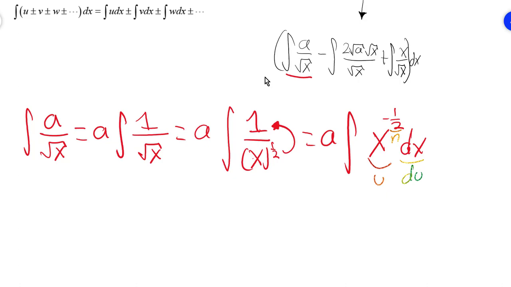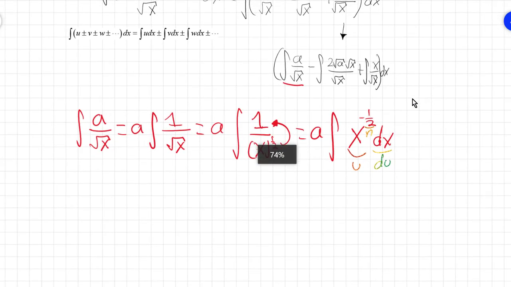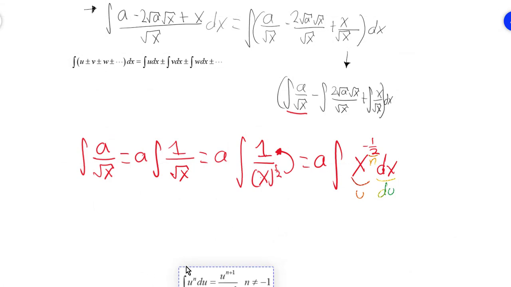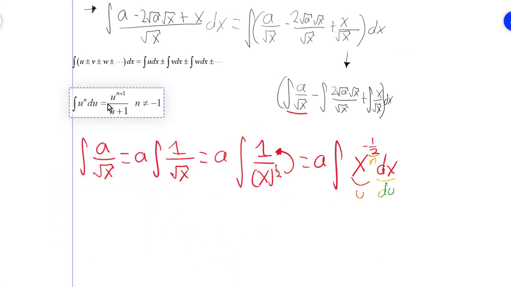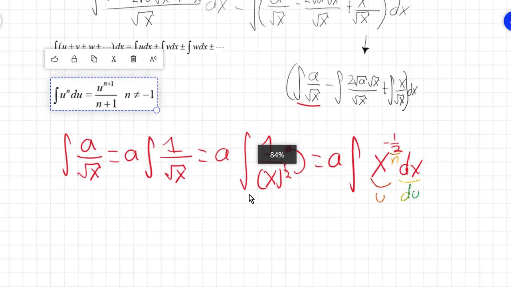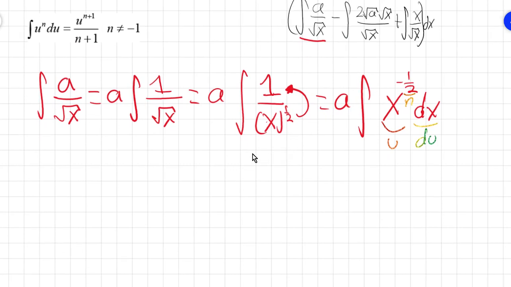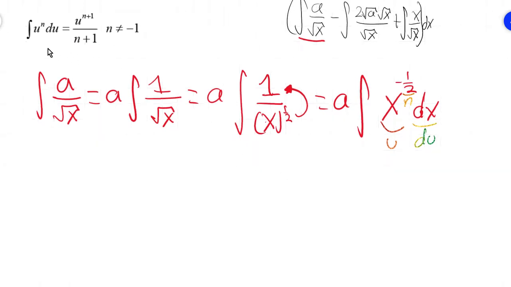Why? Because I'm obviously using the most powerful rule, which is this one that I'm gonna put up here. It's the power rule. We got u, we got n, we got du. Now let's apply the rule.